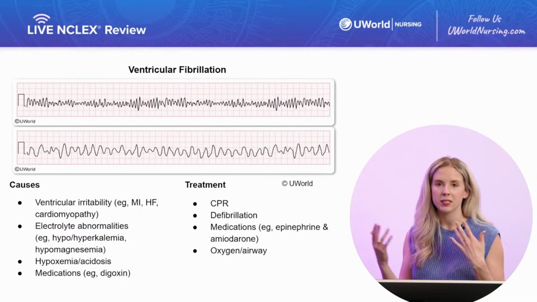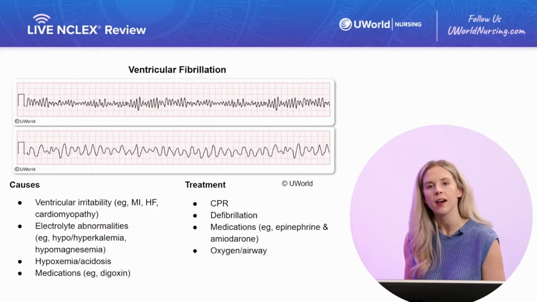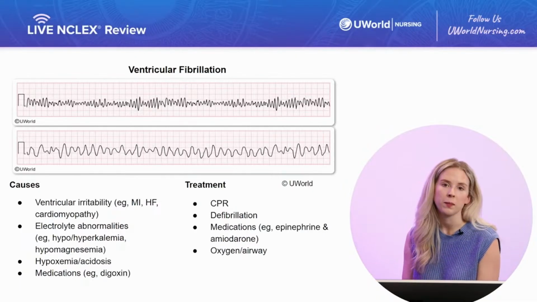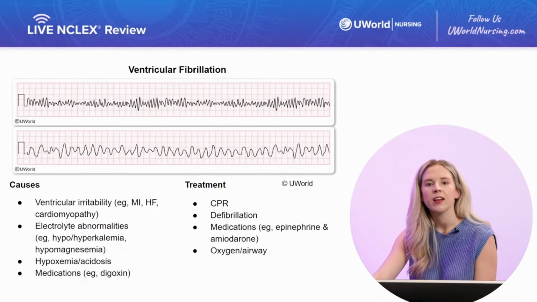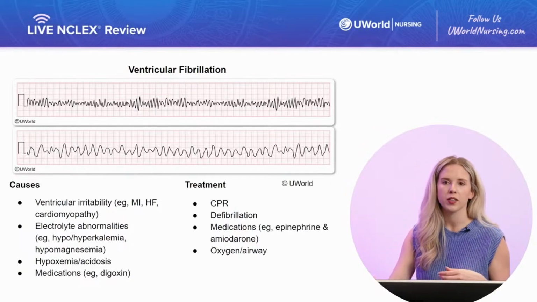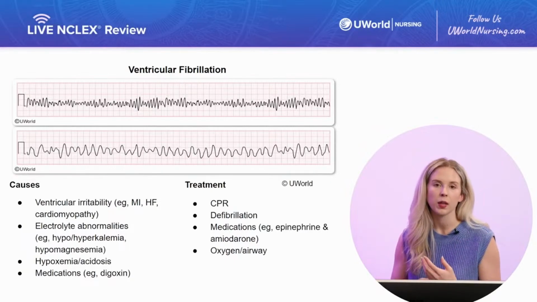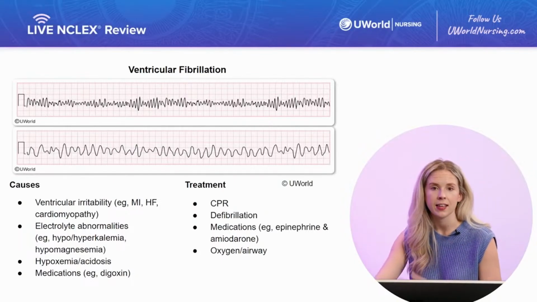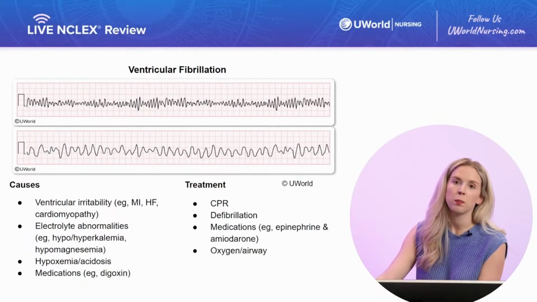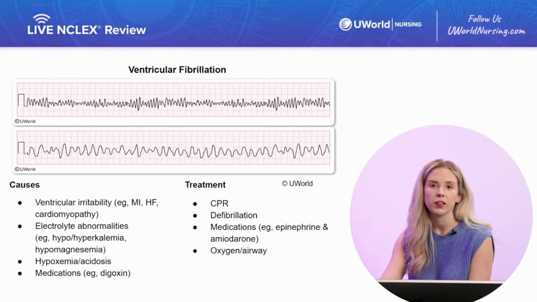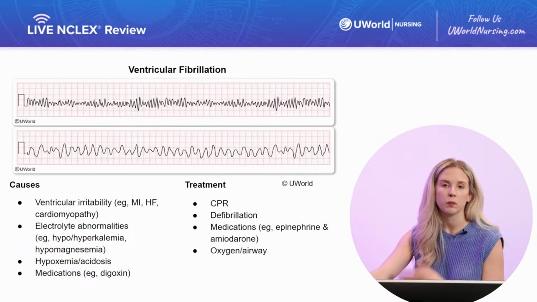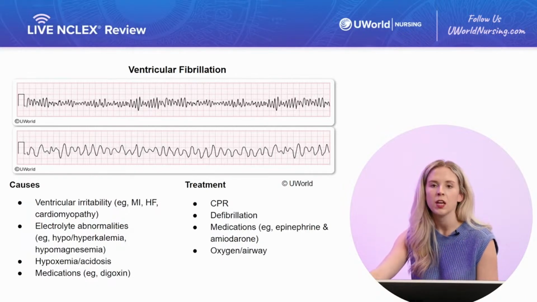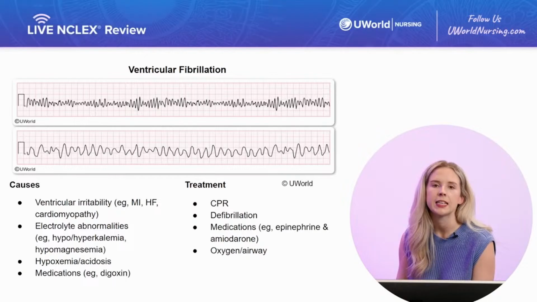Of course, potassium hyper and hypokalemia, but we can also see it arise from hypomagnesemia. And when we talk about lack of oxygen, think about extremes, like metabolic acidosis, for example. This may be things like renal failure or DKA that leads us to this. And it can also be caused by drug toxicity, specifically digoxin toxicity. So we have to be really careful when we administer digoxin because it has that narrow therapeutic index.